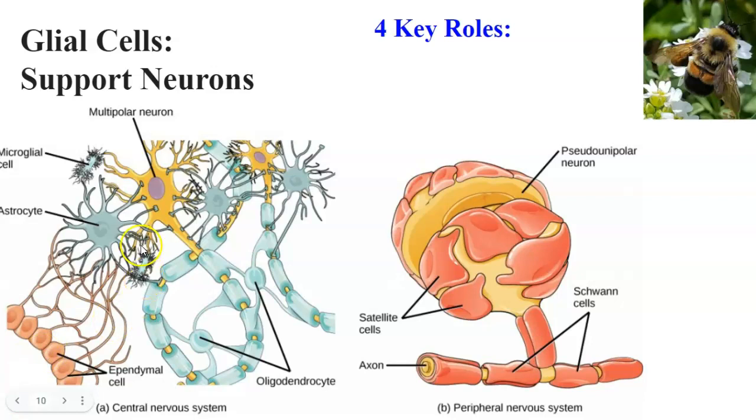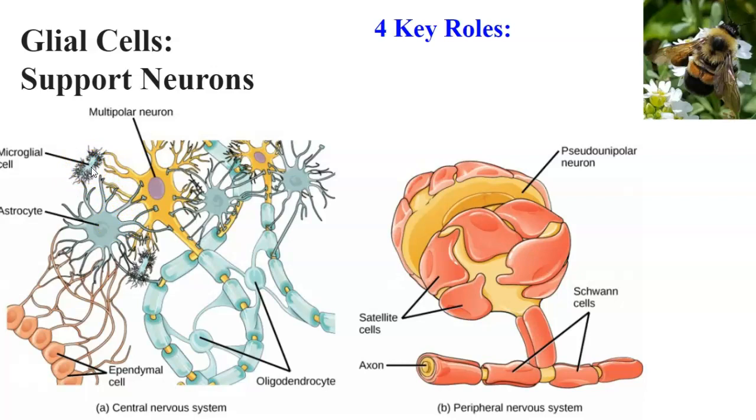So glial cells, support cells of neurons. Some important ones are astrocytes, and they help give structural support, but also give nourishment, food nourishment to neurons of the central nervous system, so brain cells. And then these microglial cells are kind of like the white blood cells of the brain.